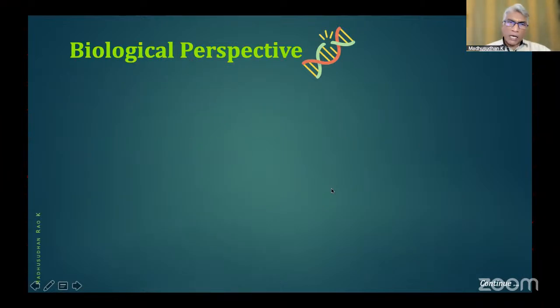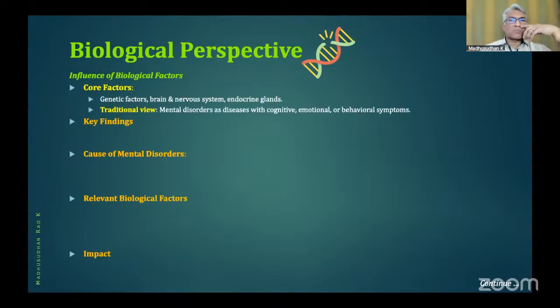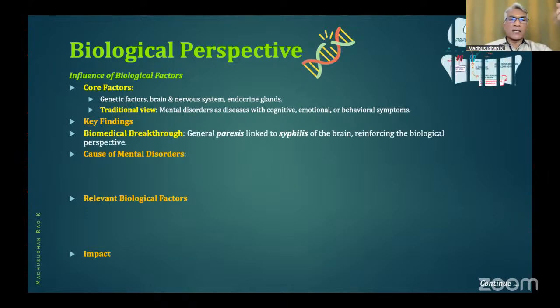Now, to elaborate, I've shown how the biological perspective has influenced other areas too. The core factors involved are genetic factors, the brain and nervous system, and endocrine glands. In the traditional view, mental disorders are a disease with cognitive, emotional, and behavioral symptoms. In a biomedical breakthrough, general paralysis was linked to syphilis of the brain.